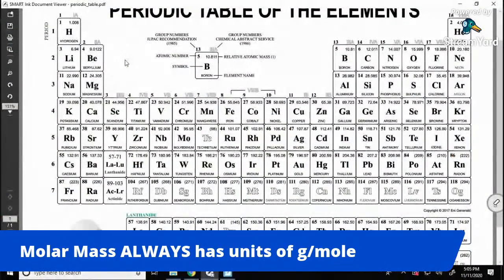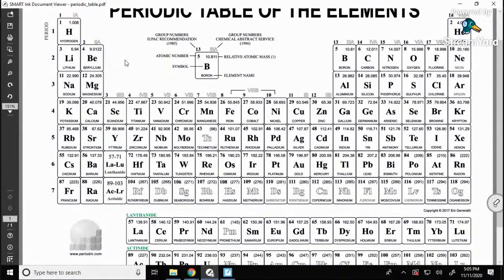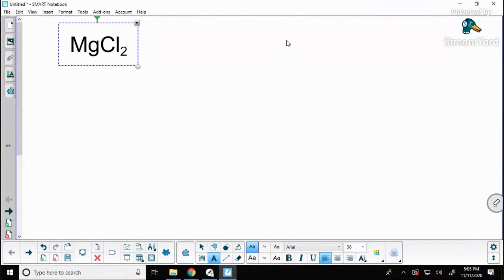Okay. So first off, periodic table. This is where we're going to end up finding our gram atomic masses. Again, that is going to be these masses that are in the corners that we looked at in the last video, but we're going to put units of grams per mole on it. So let's look at the example of magnesium chloride that I've already given you.